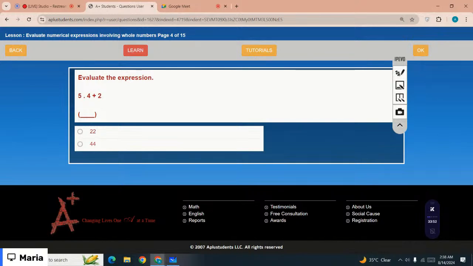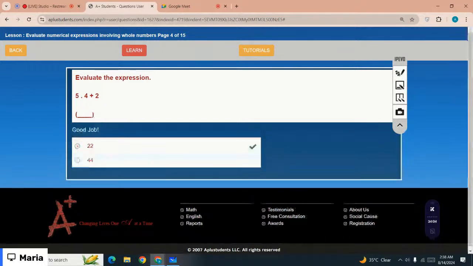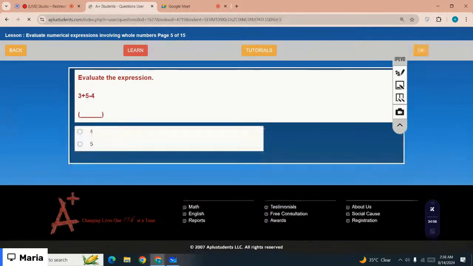The correct option is, you have to do multiplication first, right? Yes, 5 times 4 is 20 and 20 plus 2 is 22. Option number 1 is the correct option. Very good. The next one is 3 plus 5 minus 4. So which is the correct option?